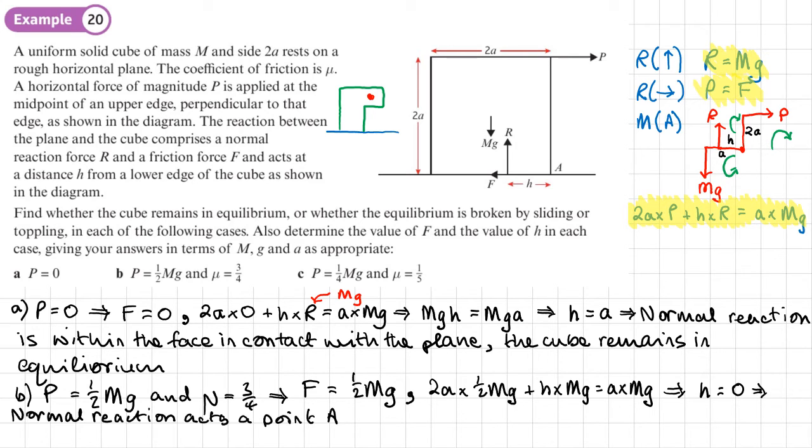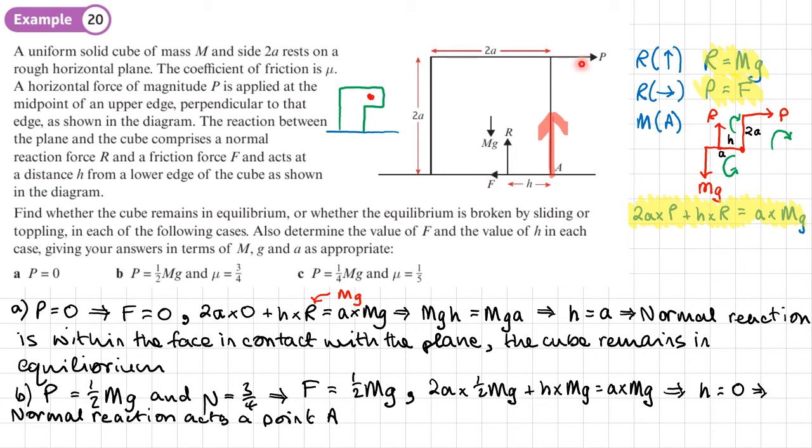Now, if h is 0, that means that the normal reaction is actually acting at point A. So the normal reaction is here, right on the edge of the contact face. What that means is the shape is either sliding or on the point of toppling. The way we're going to work out which one of those two things it's doing is by comparing the pulling force with the frictional force.